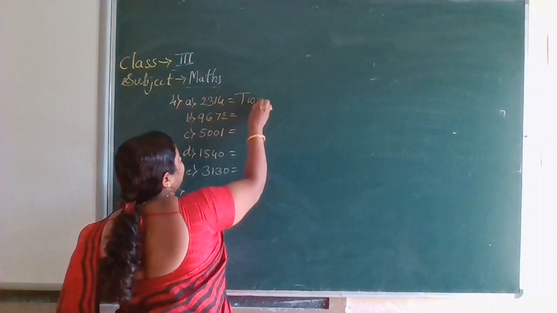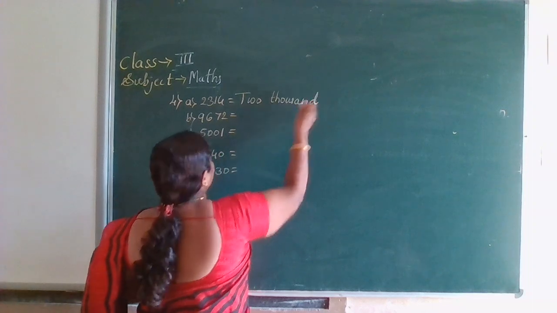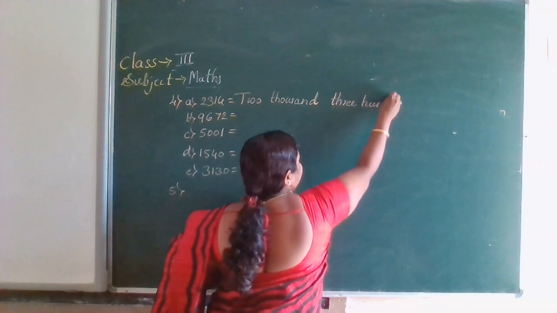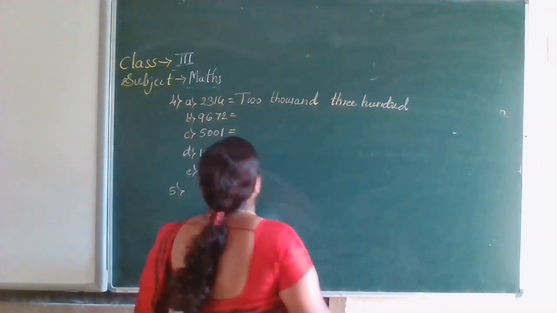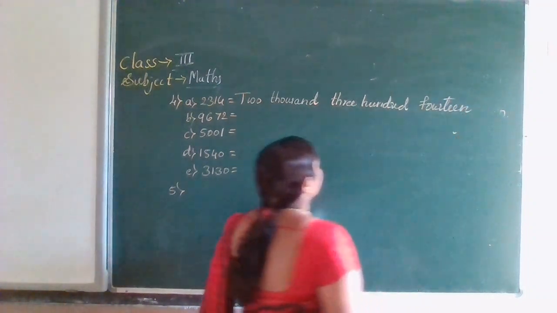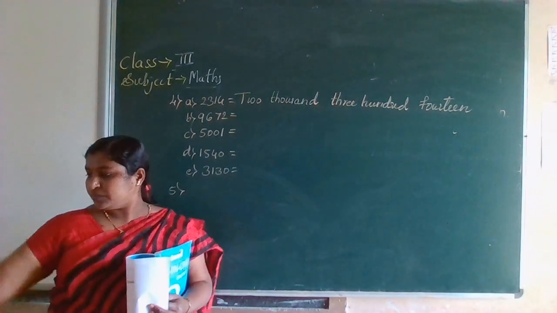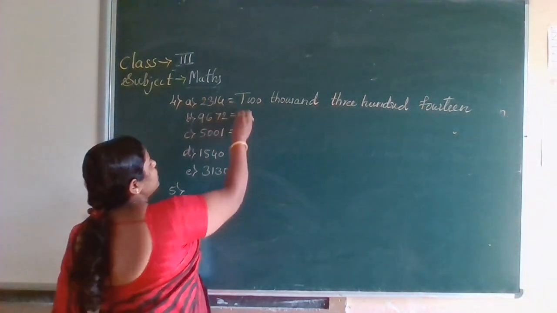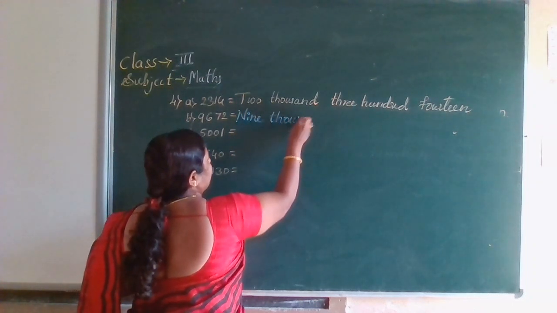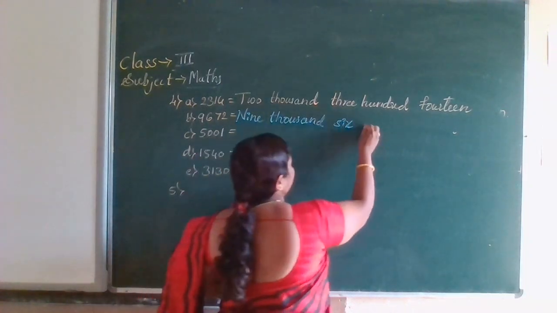So 2000, 2300, 14. 2314. Next, 9000, 672.